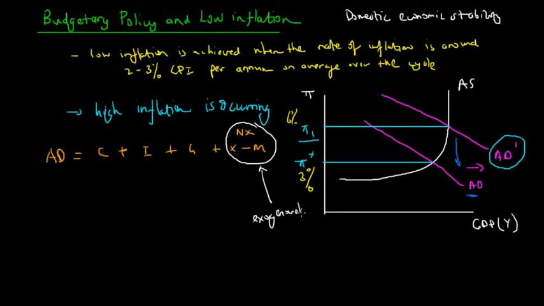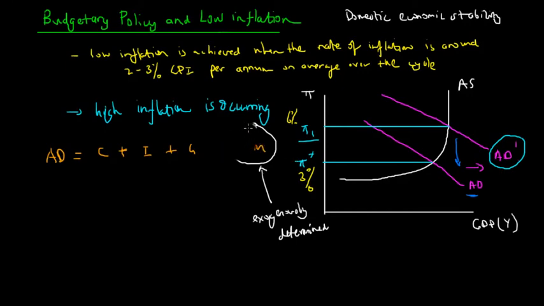exogenously determined. We're going to assume that exports are determined by the demand of the overseas sector, and imports, although determined by domestic confidence, we can assume that external stability is out of the control, or relatively out of the control, of the government.